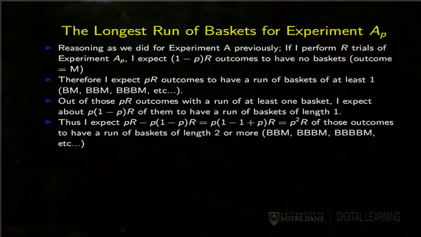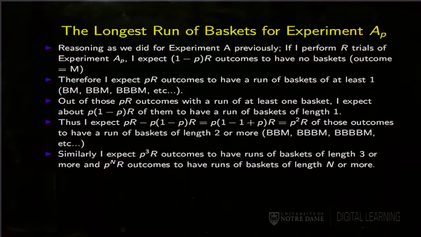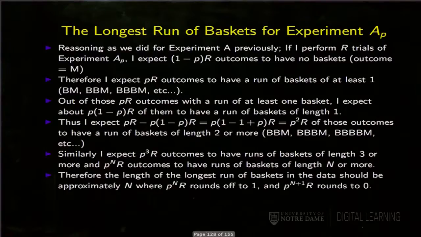And that results in p squared times R. That calculation is p times R minus p times (1 minus p) times R, which amounts to p squared times R. So I expect p squared times R of the outcomes to have runs of baskets of length 2 or more. I can carry on in this way, and I find that I expect p cubed times R outcomes to have runs of baskets of length 3 or more, and p to the n times R outcomes to have runs of baskets of length n or more.